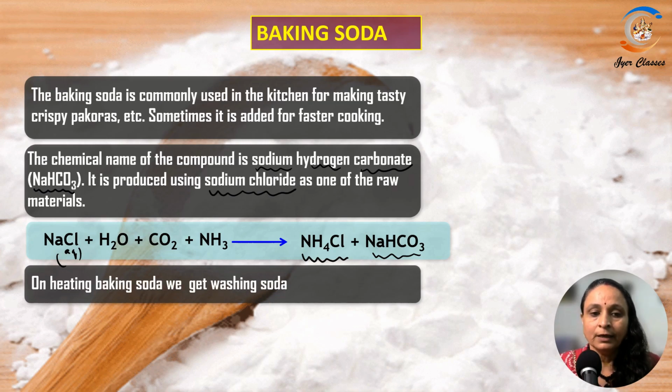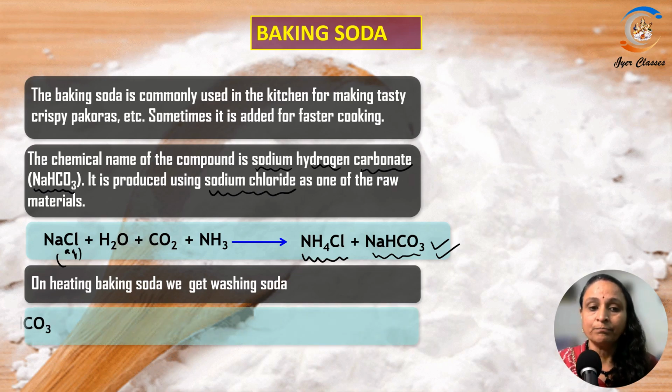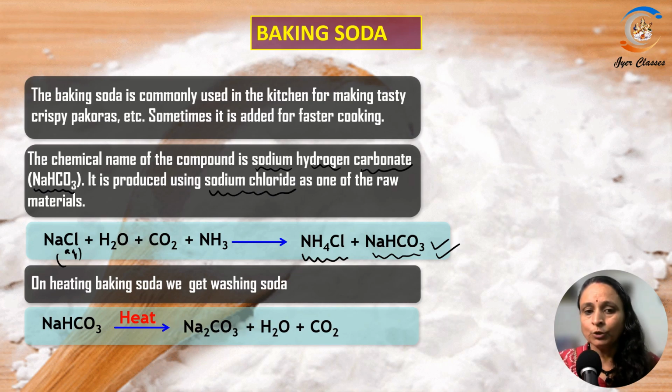Now this baking soda is not much soluble in water. Filter it and take it out, right? Now on heating this baking soda, just heat it, you will get Na2CO3, water and carbon dioxide. Now this when crystallized with water, it will give you the washing powder, right?